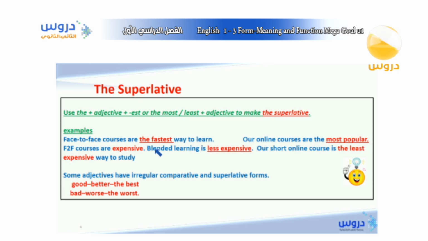Examples. Face-to-face courses are the fastest way to learn. It compares face-to-face to more than one way and it talks about the speed of learning.